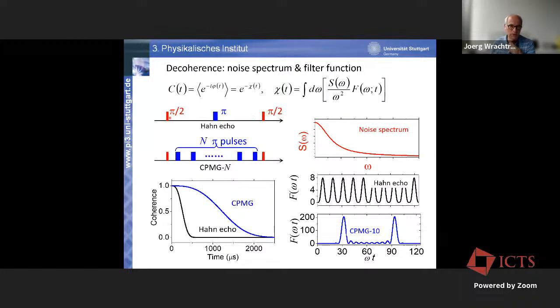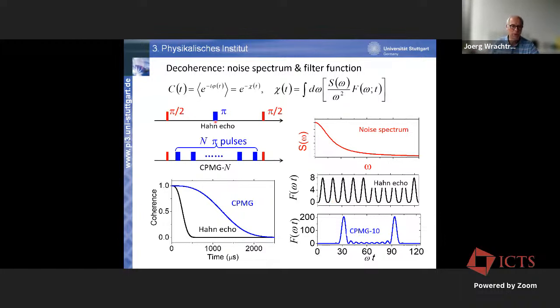If you take the Fourier transformation of such a sequence of pulses, pi over 2, pi over 2, pi over 2, and so on, then the filter function is this periodically oscillating function where the frequencies of maximum transmission are these peaks here, whereas 0 means that the filter function is suppressing the incoming noise signal very much. So this is how it looks with the Hahn echo.